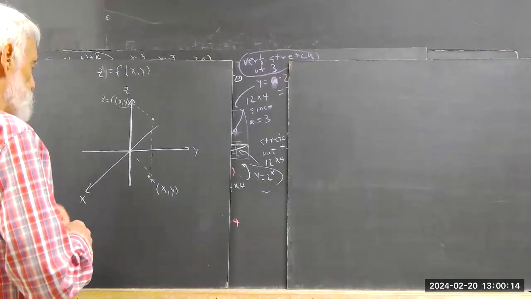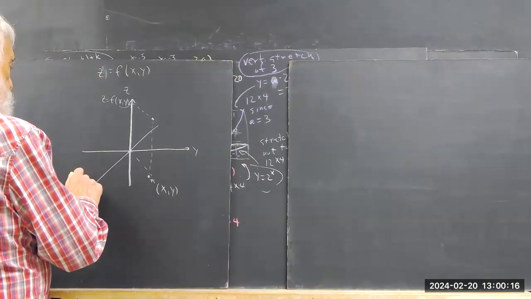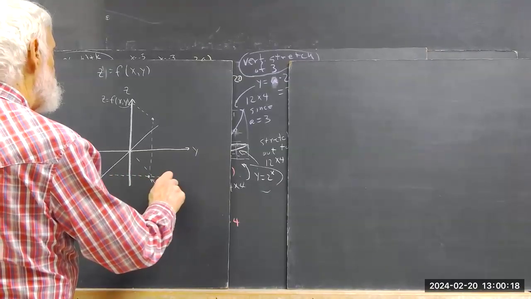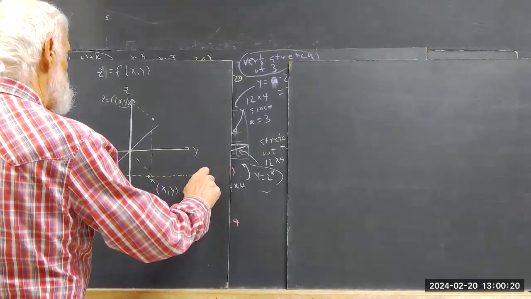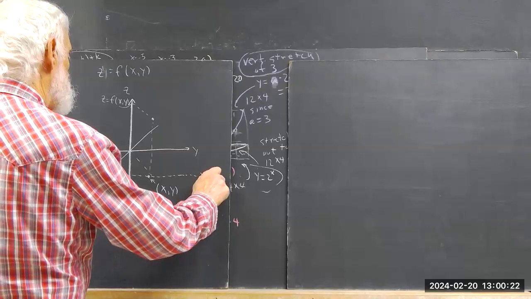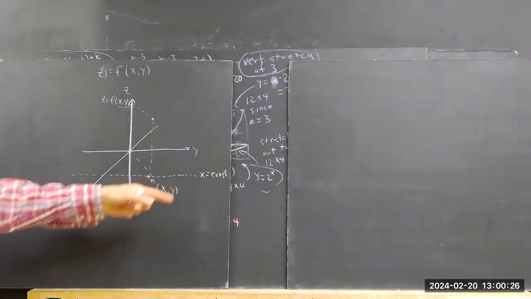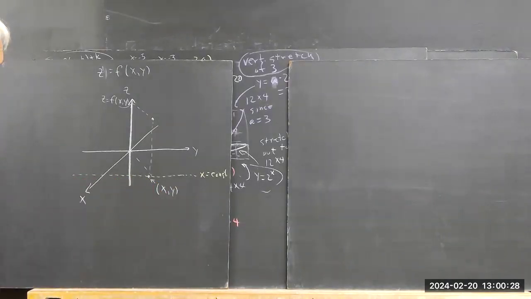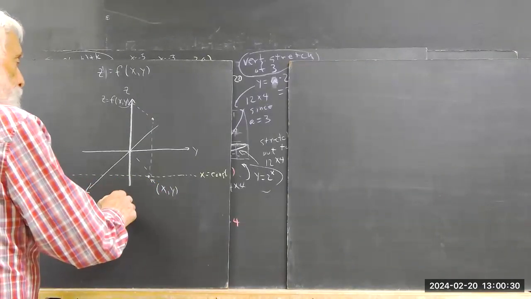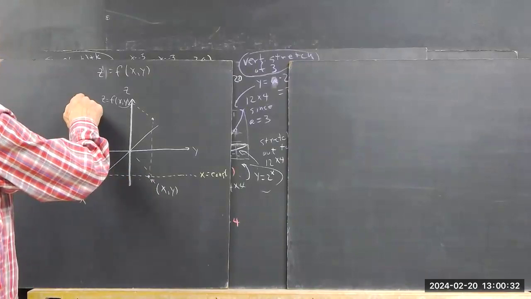Okay. Now on the picture I just showed you, x is temporarily constant. And we've got a plane that lies above this line.